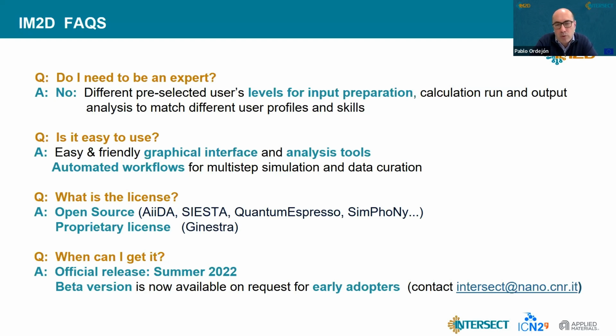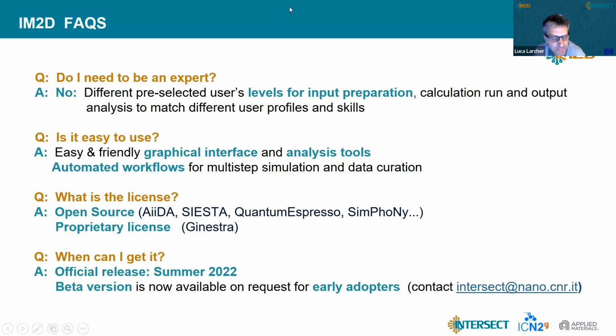But again, things which are more complicated than that, like the migration energy, or the diffusion of a defect as a function of temperature of the device, that's also quite automated already in IM2D.